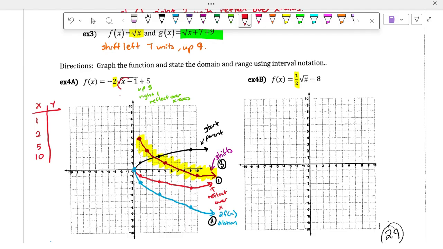Because I based it off of what's under the radical. So another way you can think about it is whatever is under the radical, set that equal to 0 and solve for x, and that's your lowest x value. So this is the lowest x value I can get. So I don't have imaginary numbers.